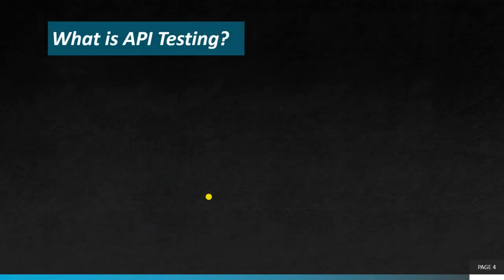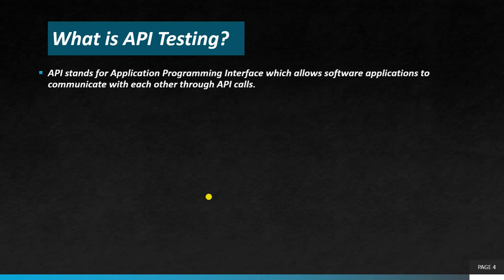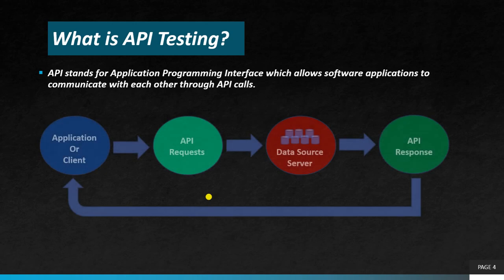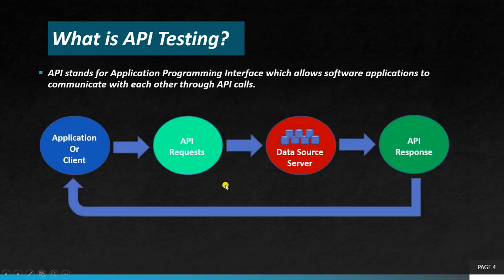Now before watching the video, let's see what is API testing. API stands for Application Programming Interface, which allows software applications to communicate with each other through API calls. Here we can see in this diagram how an API works.